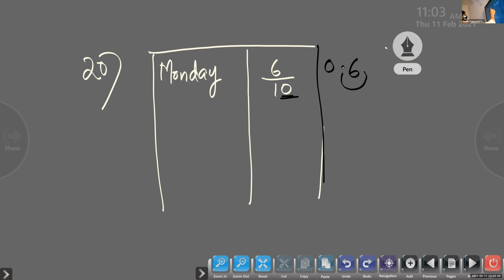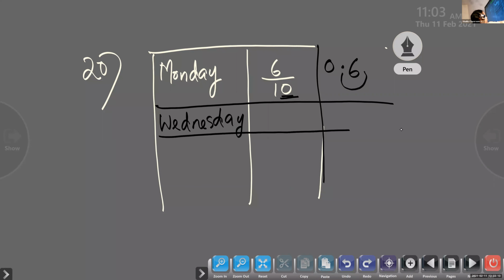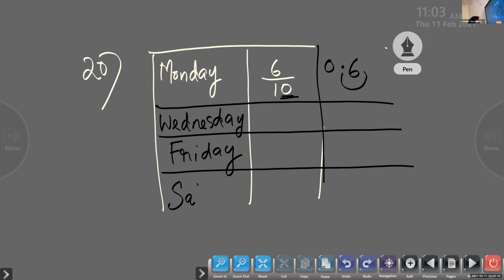Now, like this, write for Wednesday, Friday, then Saturday. 6 by 10 is 0.6.